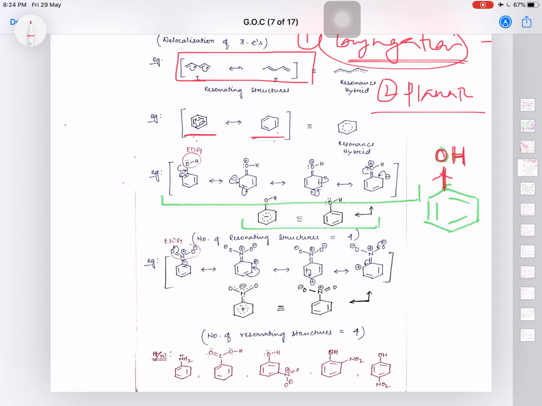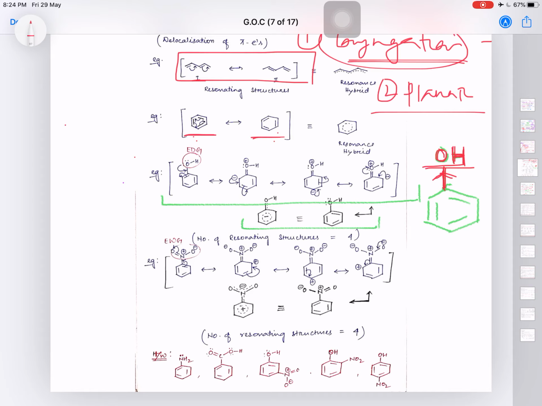And we know that oxygen's configuration is 1s2 2s2 2p4, means only the second shell is available for oxygen. So since only the second shell is available, no d orbitals are available. So if d orbitals are not available, the oxygen cannot keep the electrons, it will take them from this carbon.